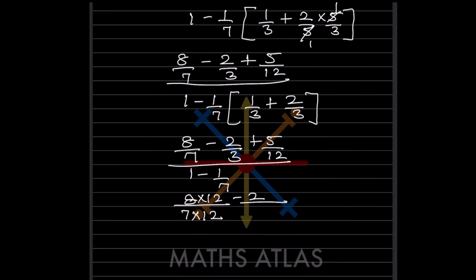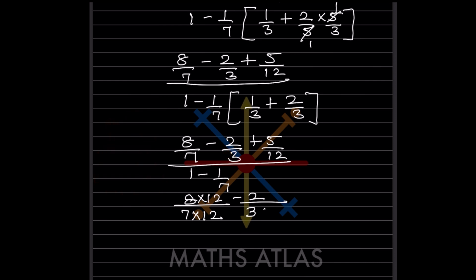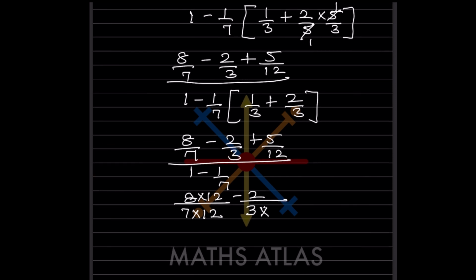To get 84 for 3, 3 twos are 6, 3 eights are 24, so that is going to be 28. Here you are going to multiply by 28. Plus here 5, 12 sevens are 84, so this also should be multiplied by 7.